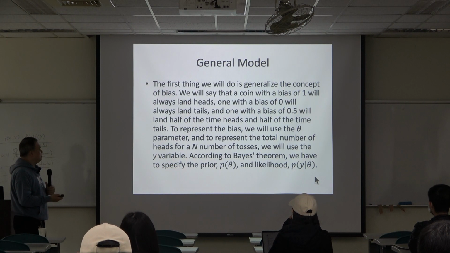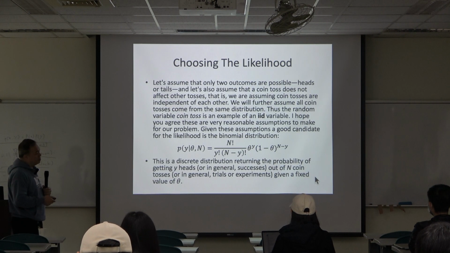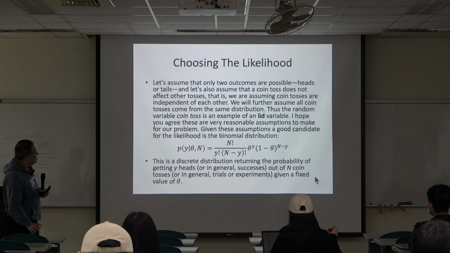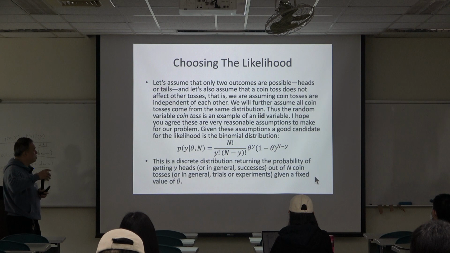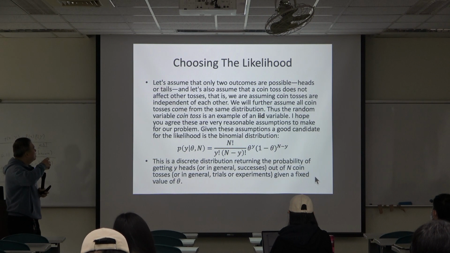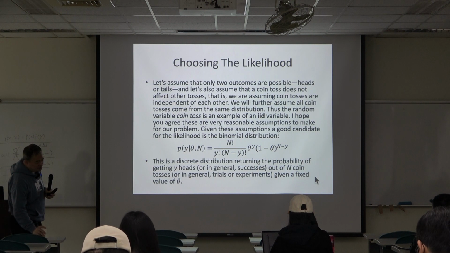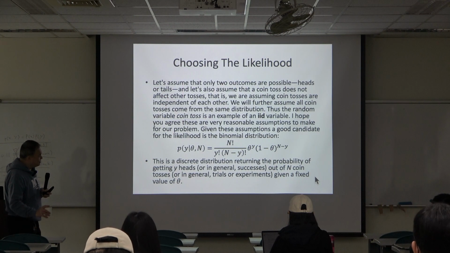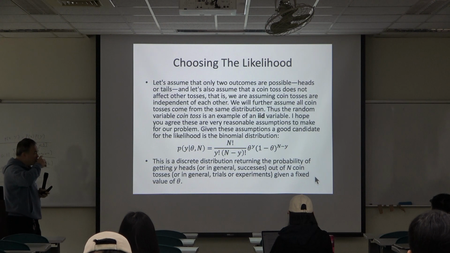For p of theta, well, we don't know. It depends on where we get the coin from, right? But if you are given theta, the probability that the coin flip is heads, then we can compute the probability of y given theta and the number of trials n.